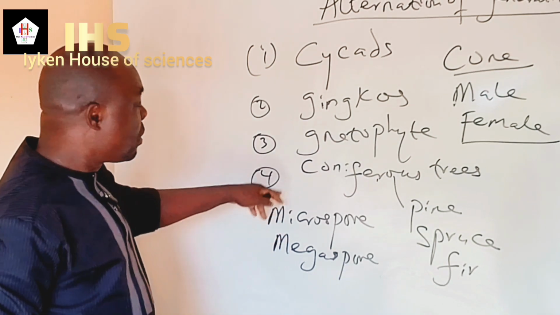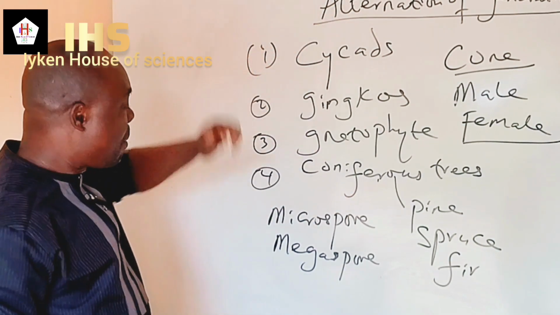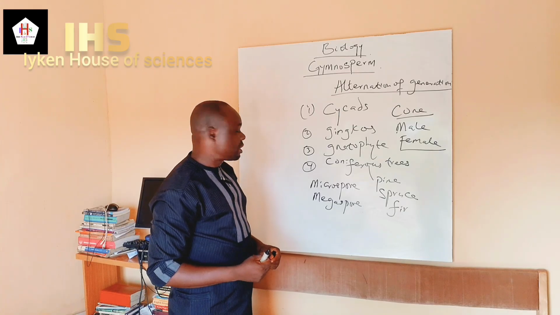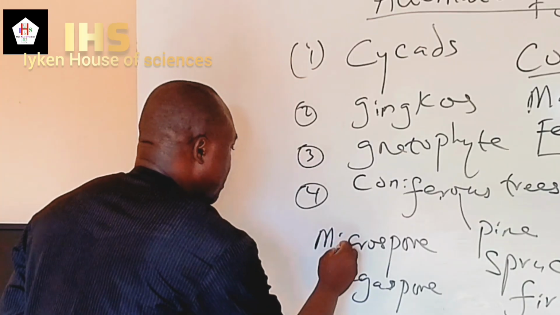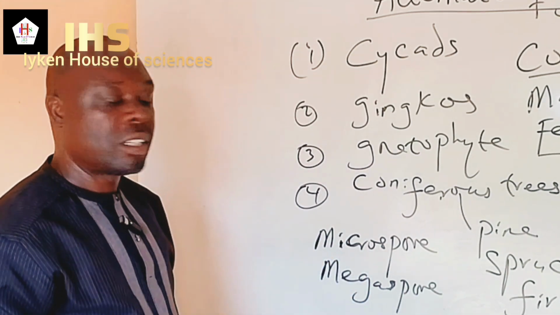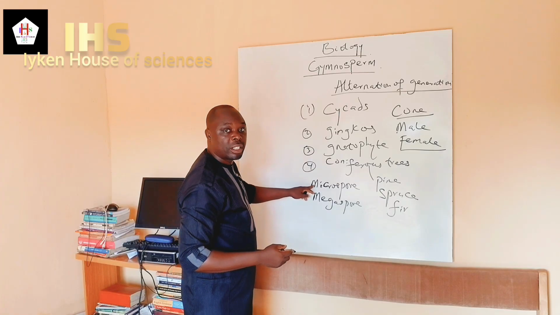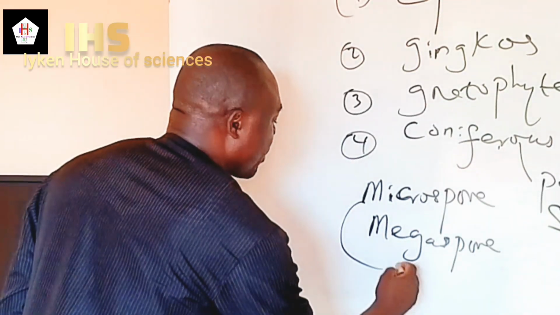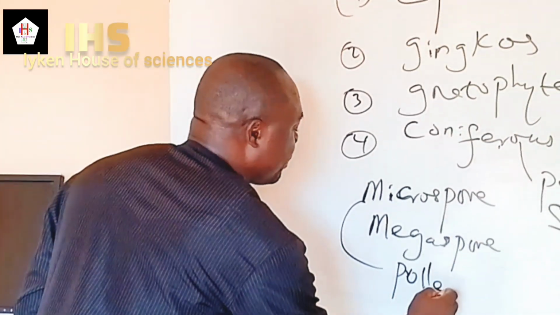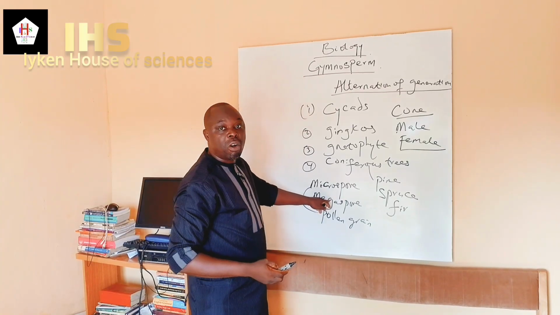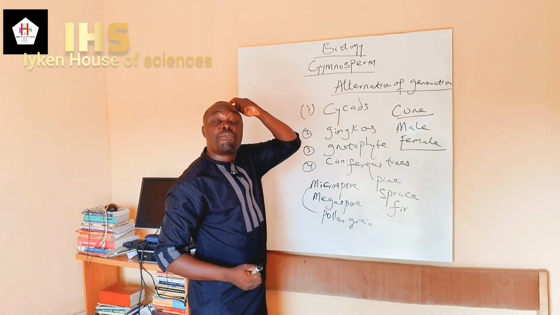The microspore produces the gametophyte that undergoes mitosis to produce what we call the pollen grain. And it is the megaspore that produces the ovule.